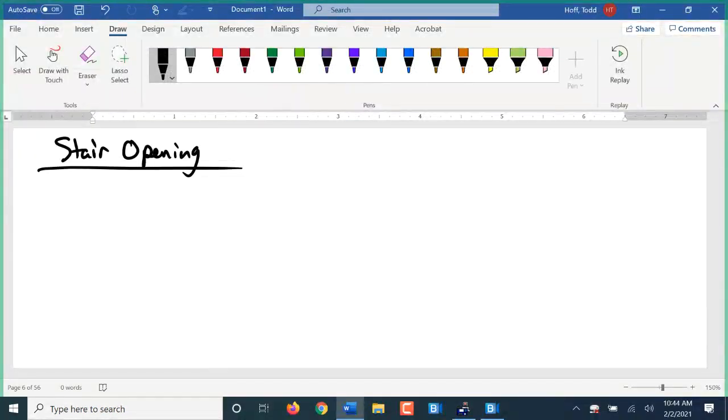You have to go off that plane created by the nose of the steps. If you're doing the planer stair opening head clearance requirement, the code is 6 foot 4 inches of head clearance.